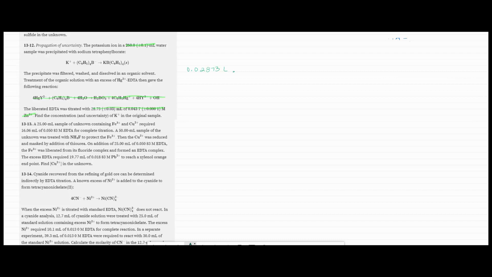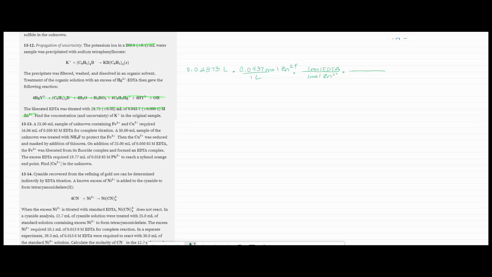So we're going to start here, 0.0437 moles, and this is zinc 2 per 1 liter. Now our zinc can be equated to moles of EDTA. So 1 mole of zinc is 1 mole of EDTA. Now we need to look at the stoichiometry in our equation here.